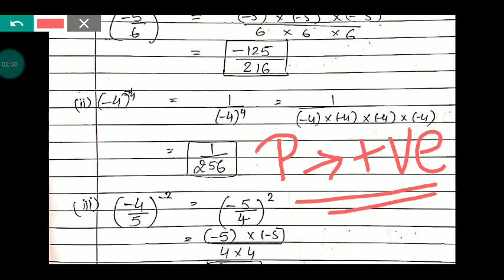Here minus 4 is turned into plus 4 by taking the reciprocal of the whole number. Reciprocal means you interchange the place of numerator and denominator. Here nothing is in the denominator, so we take it as 1. So it turns into 1 upon minus 4 raised to 4. Now minus 4 is multiplied 4 times and we get the answer in positive because the power is an even number.